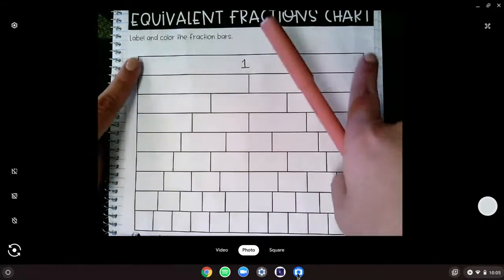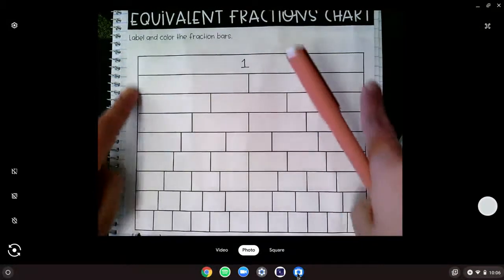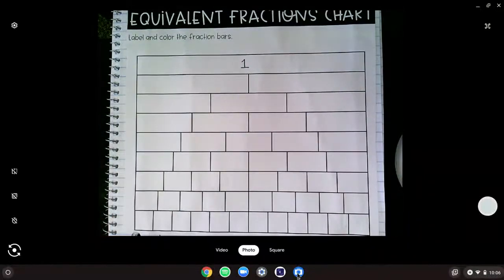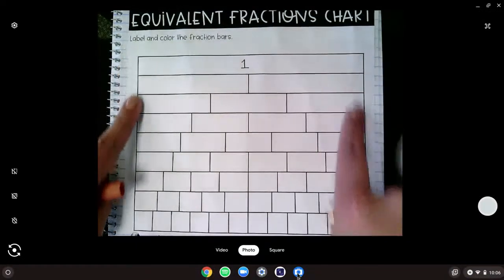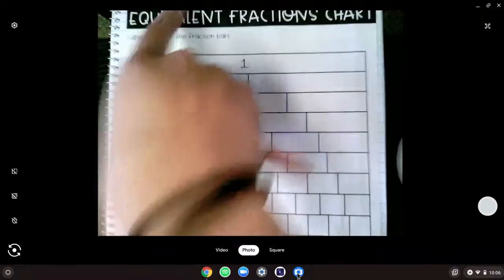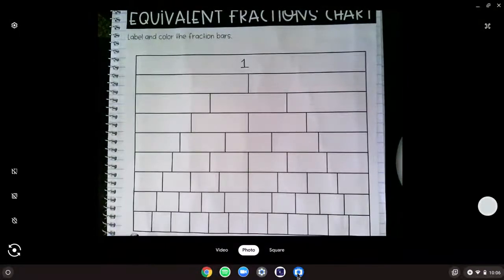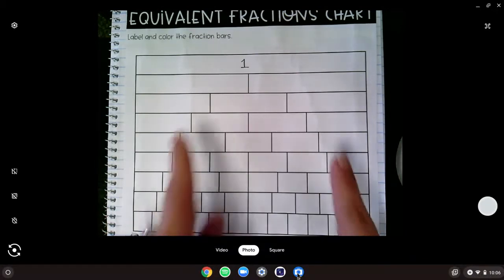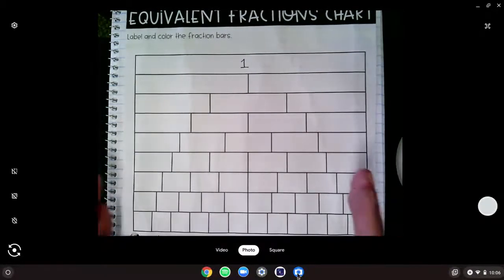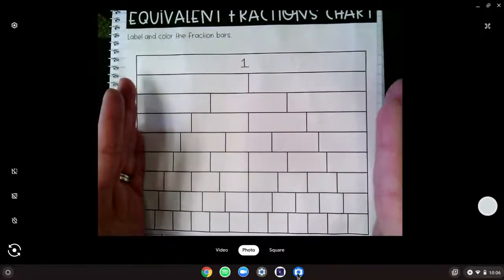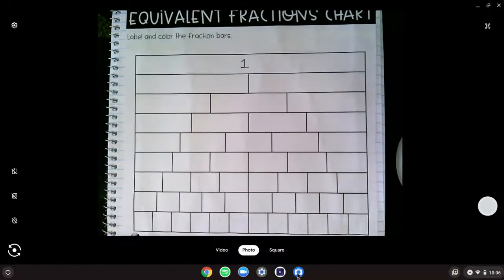Notice the size of all of these on our chart. Do they match up? No. The edges do. So back to that definition, do all of these cover the same amount of space? Yeah, they're just split up differently, but they all go from the same start to the same end.